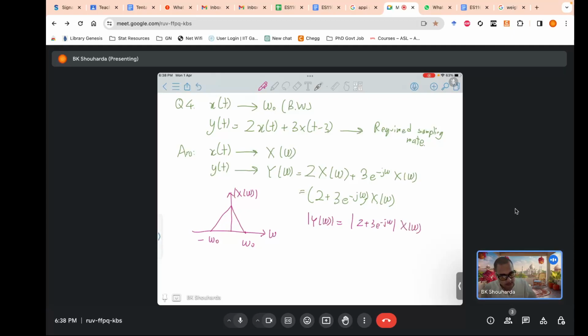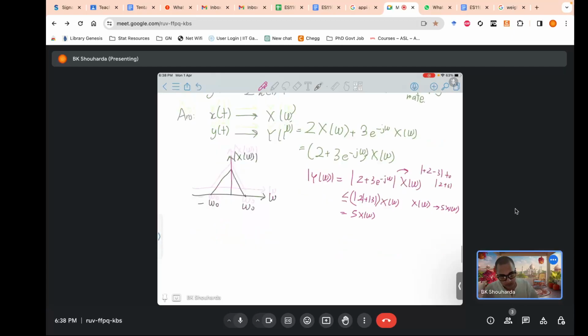Now you see this 2 plus 3 e to the power j omega is less than or equal to 2 plus 3 times x of omega, or whatever be the term. This term will always vary between 2 minus 3 to 2 plus 3. That means it can be anywhere between x of omega till 5x of omega.